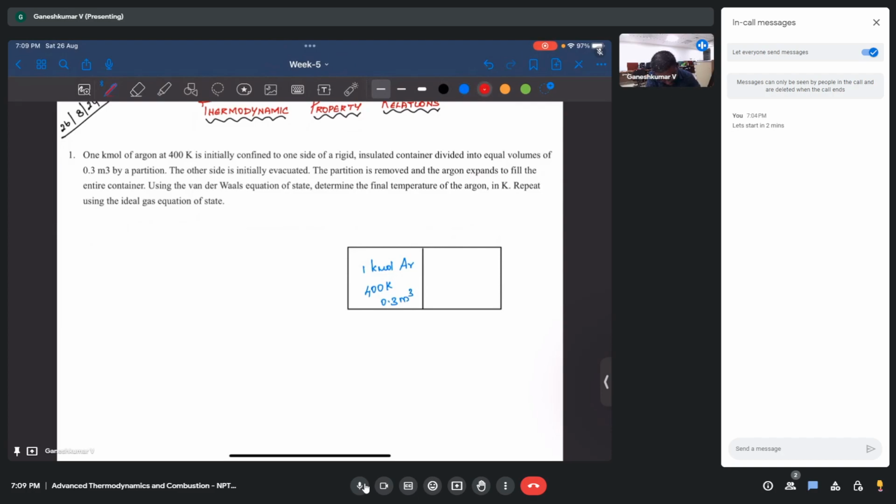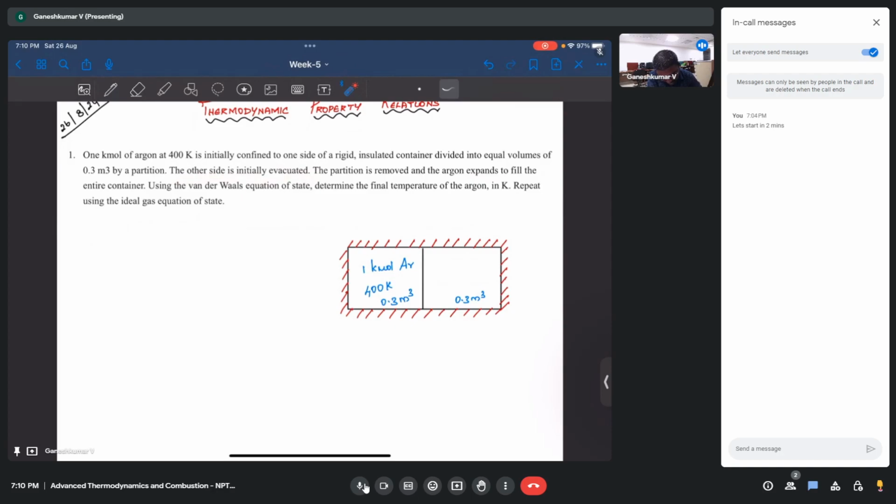It is also an insulated container, so there are no heat interactions. And here also it's 0.3 meter cube. It is divided into two equal halves, so that is what is given. The other side is initially evacuated, so it is empty, there is nothing here.